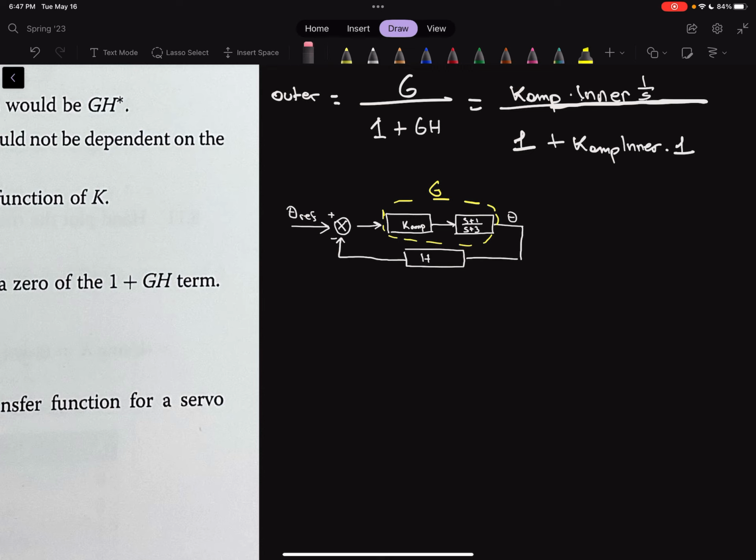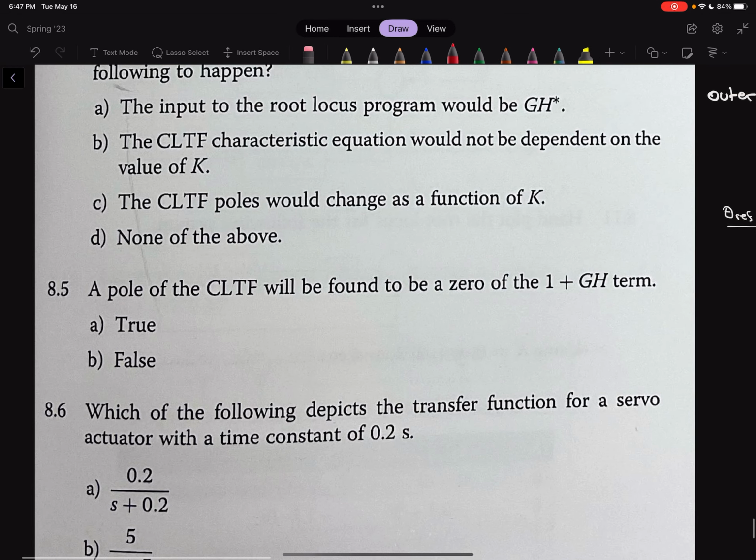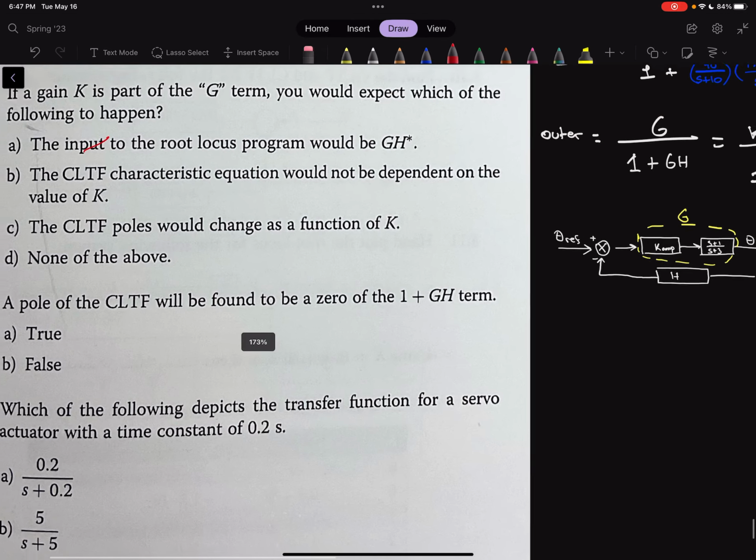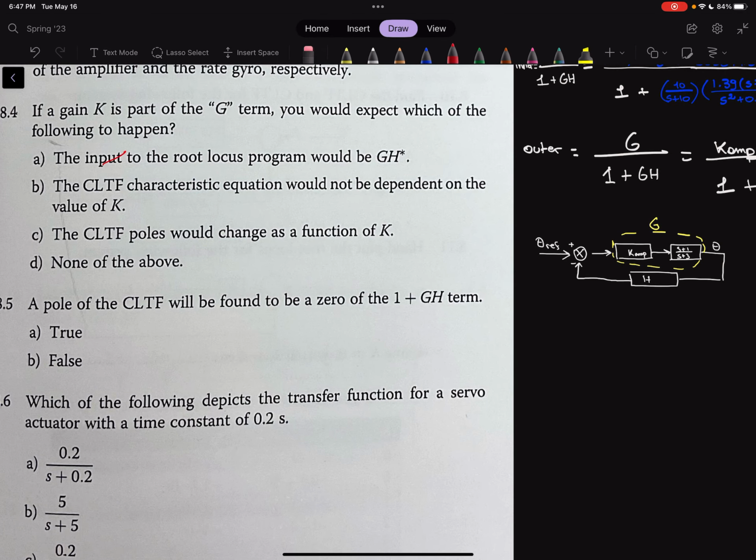Okay, so it's definitely not the first one. Definitely not this one. The closed loop transfer function characteristic equation would not be dependent on the value of k.